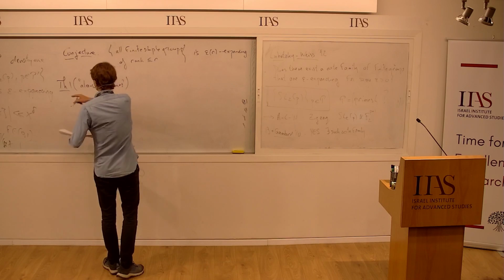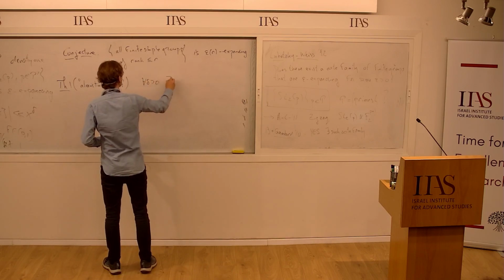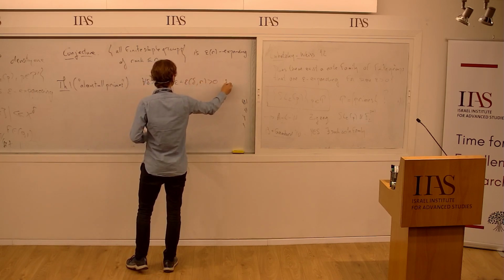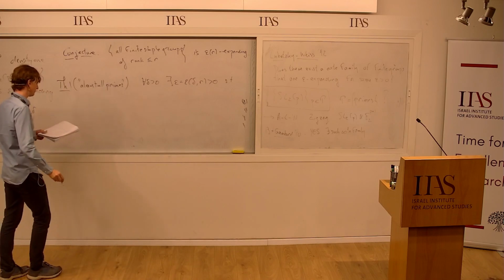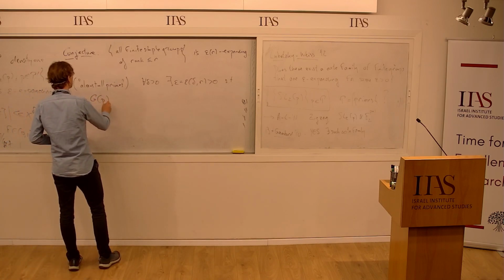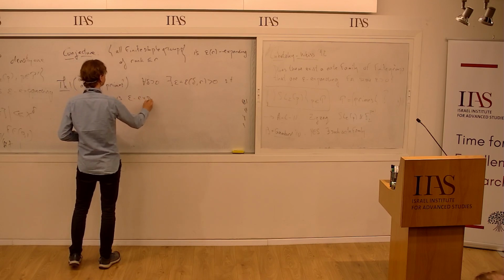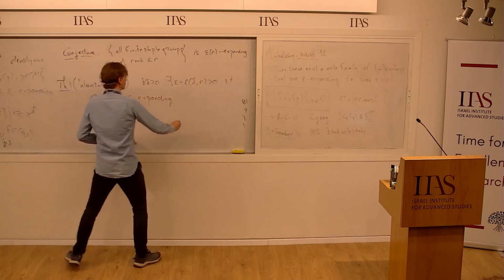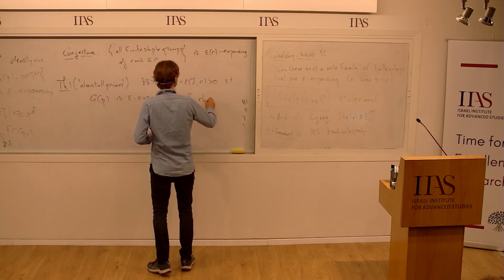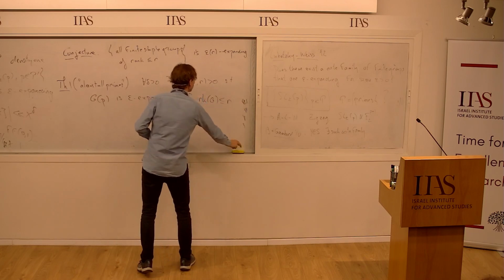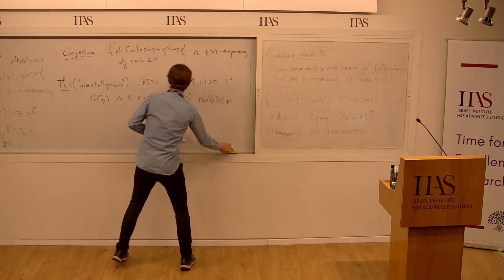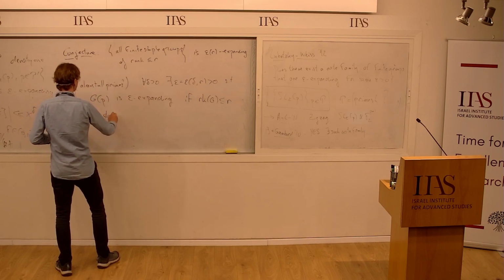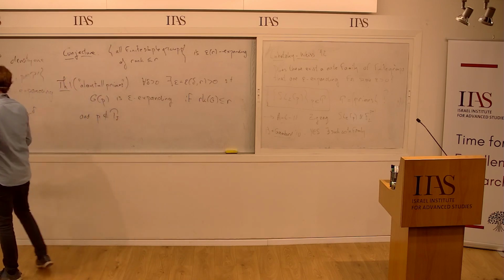It says: for every delta, there exists epsilon, which depends on delta and r, such that G(p) is epsilon expanding if the rank of G is at most r, and p is not in a family P_delta, which has this property here.